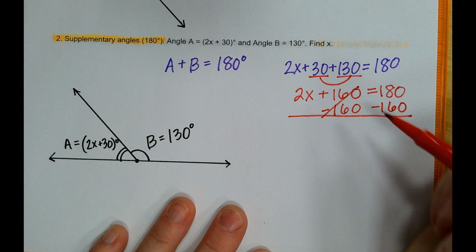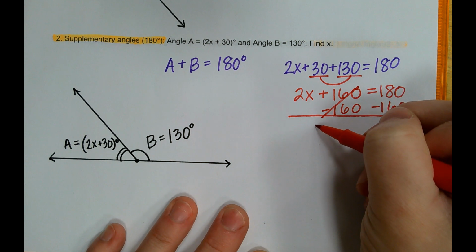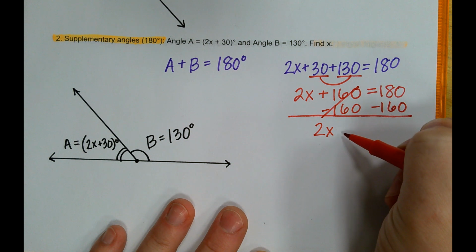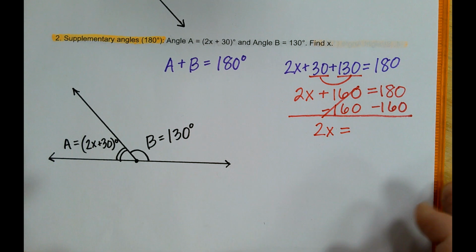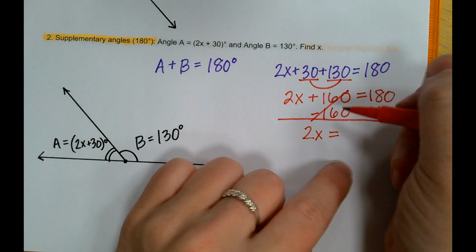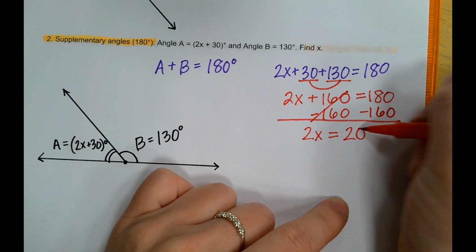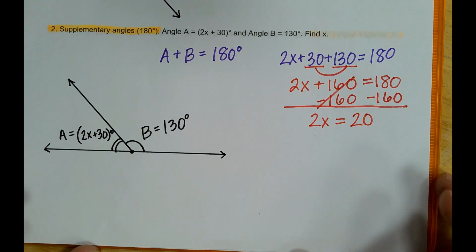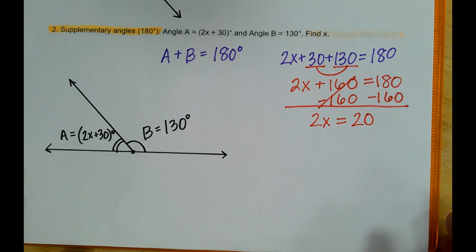160's cancel. I'll bring down that 2x equals. And once you get to the part where you subtract 160, let me know what number you get there. 20. Perfect. Okay. What's my last step?